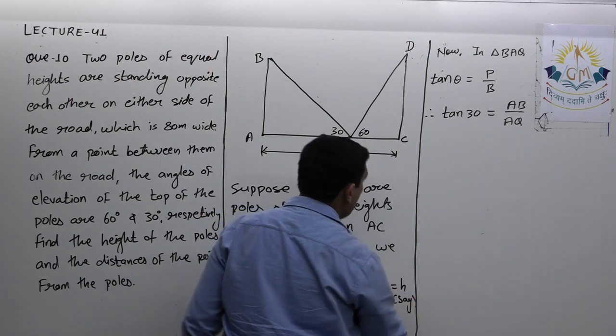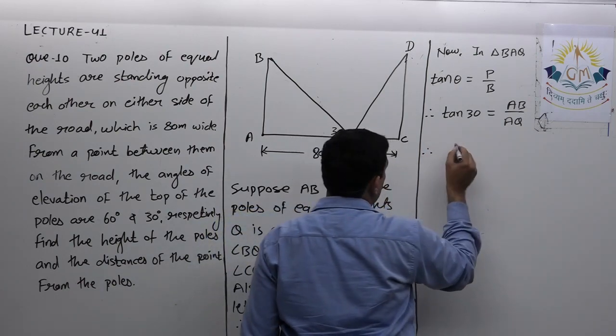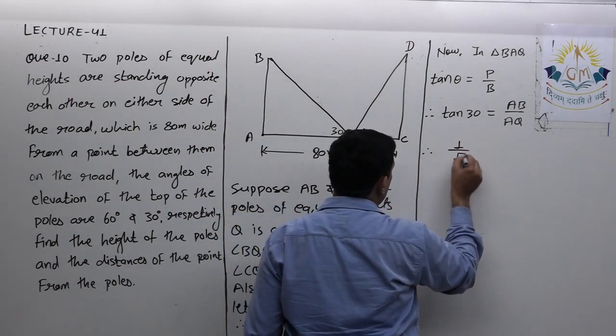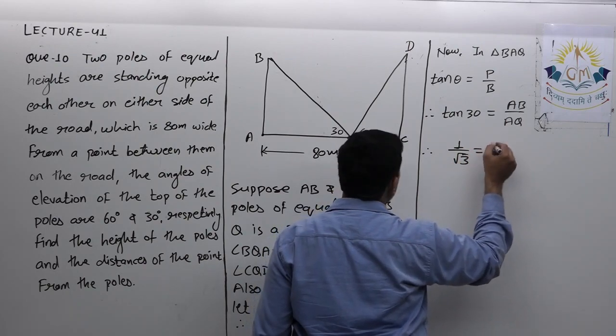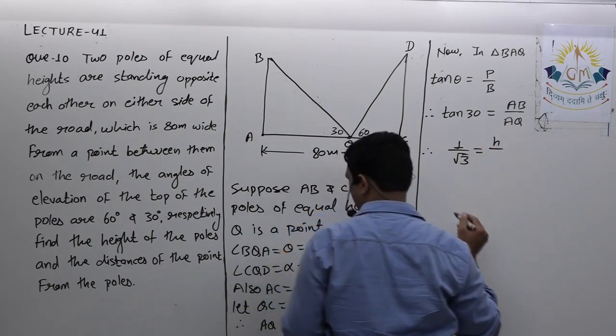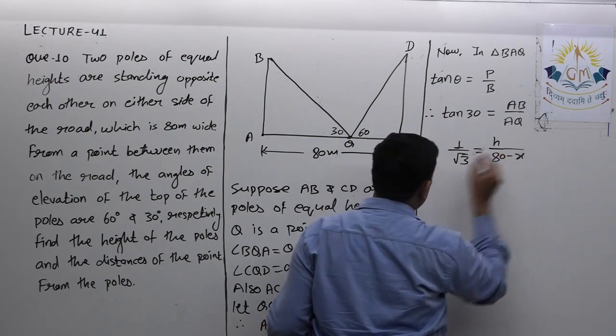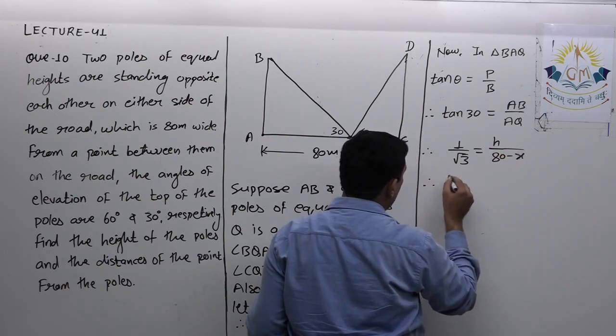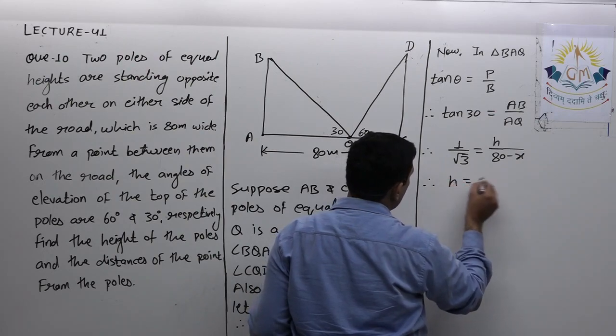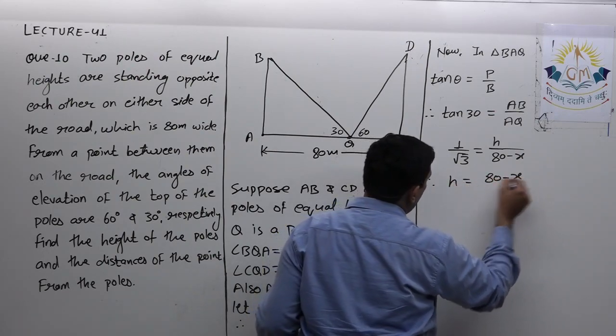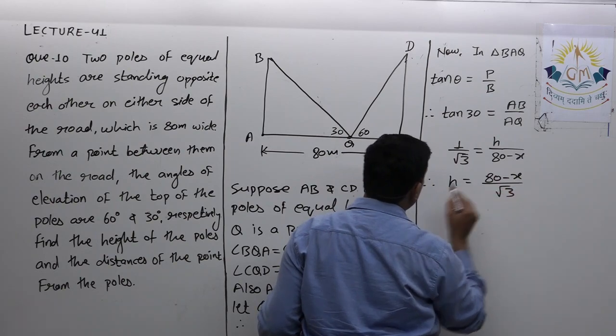So tan 30 is 1 upon root 3 is equal to H, and AQ I have in terms of X, that is 80 minus X. So from here I can say H is equal to 80 minus X upon root 3.